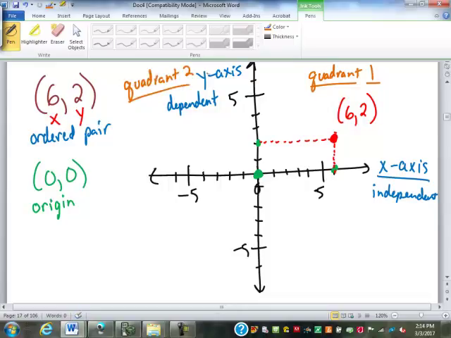There's really no good reason why that's quadrant 2 other than there are a lot of things we do in trigonometry and navigation and stuff like that where we start at a point and we go counterclockwise. So we call that quadrant 2 just because we go counterclockwise. That would be the next one. Then this, of course, is quadrant 3. And this would be quadrant 4.